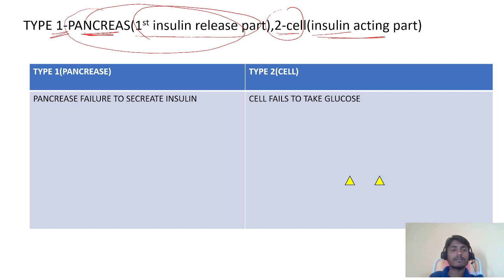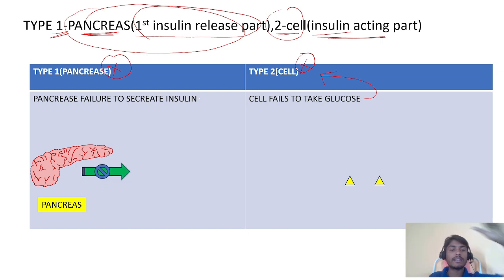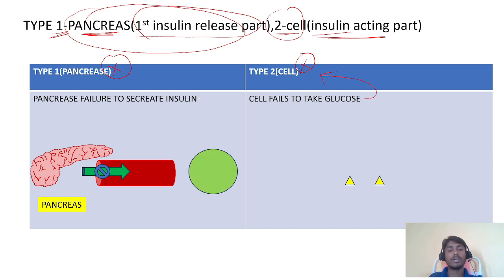In type 1, the pancreas fails; in type 2, the cell fails. The pancreas fails to secrete the insulin, that is type 1. Cells fail to take the glucose, that is the type 2 condition. See, this pancreas will not release the insulin into the blood vessels, then no insulin can enter the cells. So this is the type 1 condition.